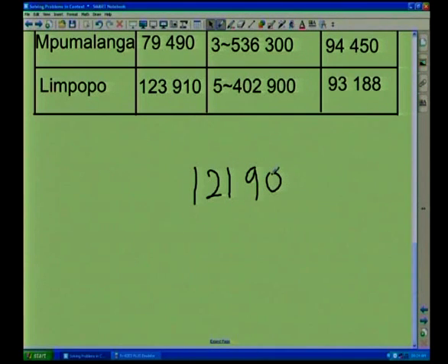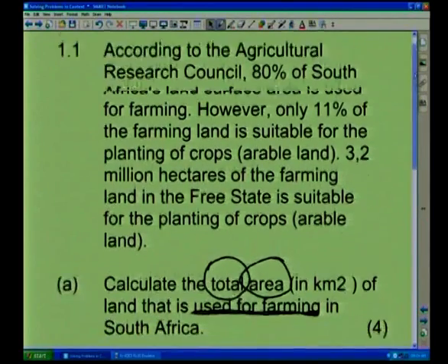All right, so it's 1,219,090 square kilometers.